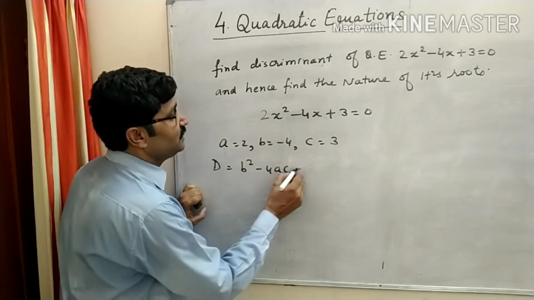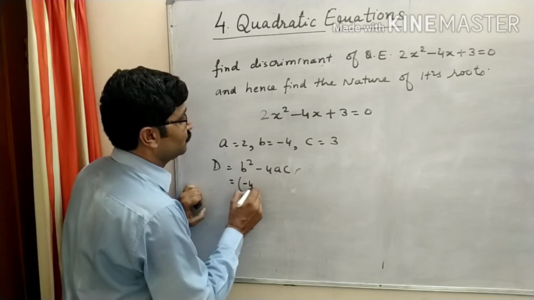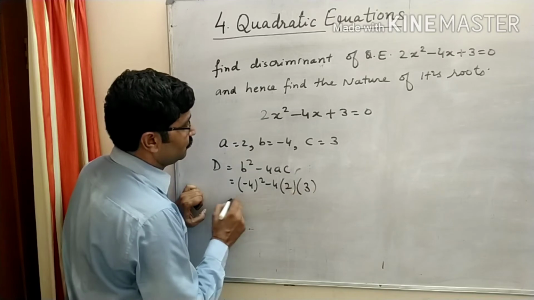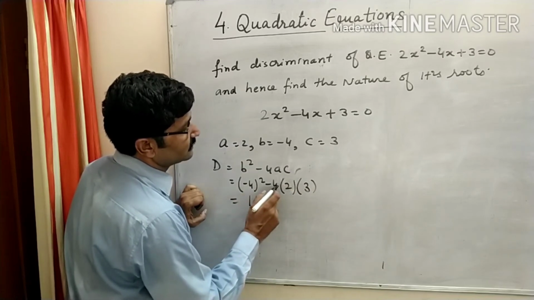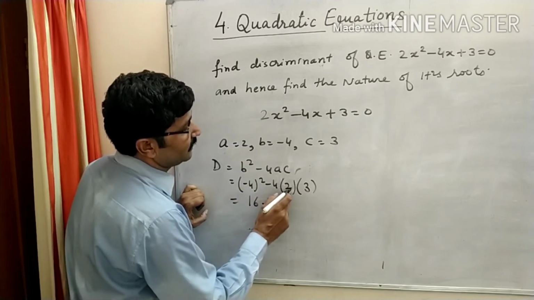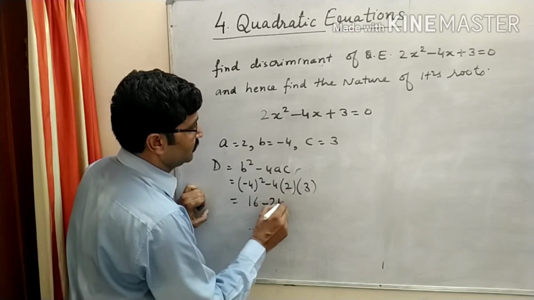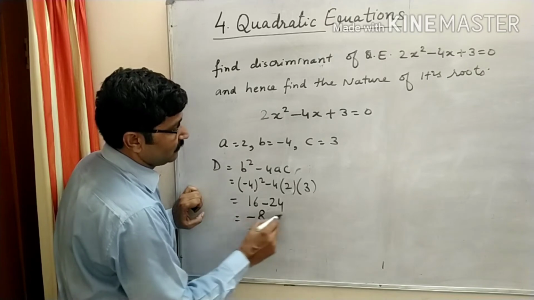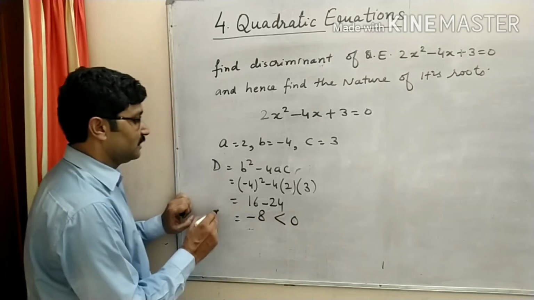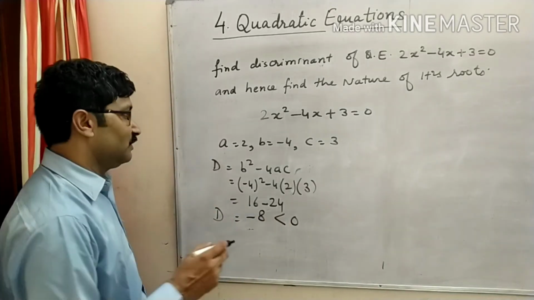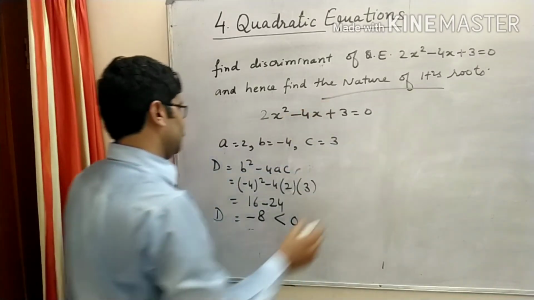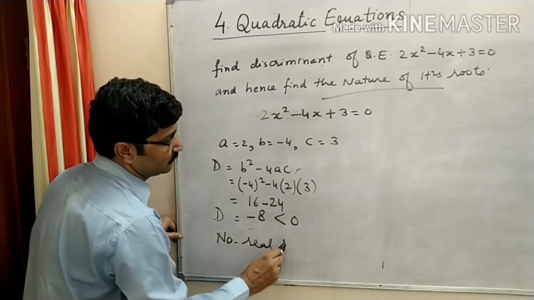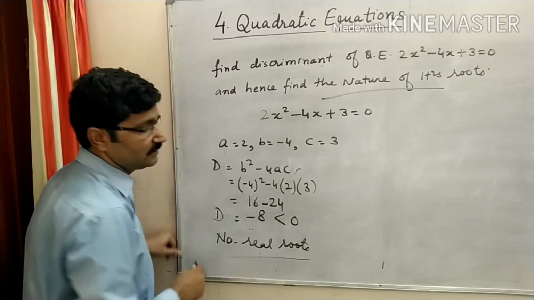So b square is minus 4 square, minus 4 times a, which is 2, times c, which is 3. 4 square is 16, minus 4 times 2 times 3 is 24. So you have minus 8, meaning less than 0. The discriminant is less than 0, so for the nature of the roots you write: no real roots. All of you understand this?